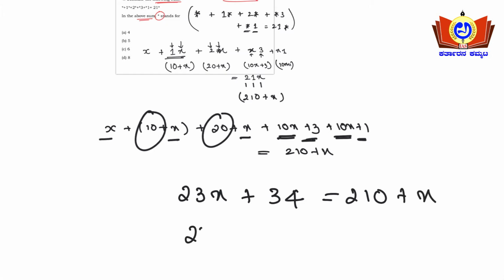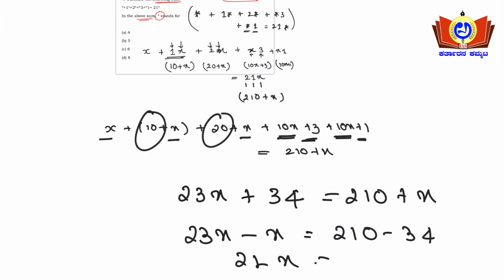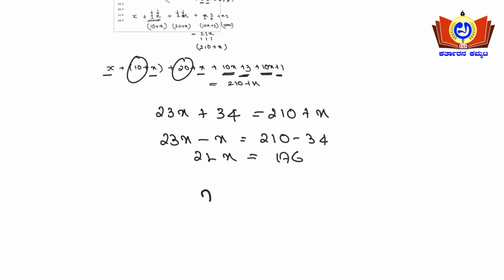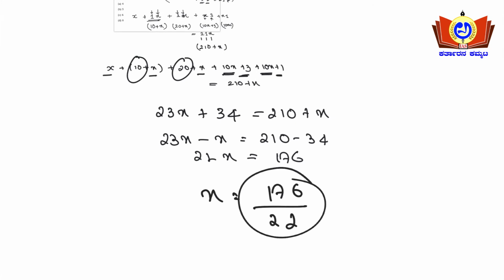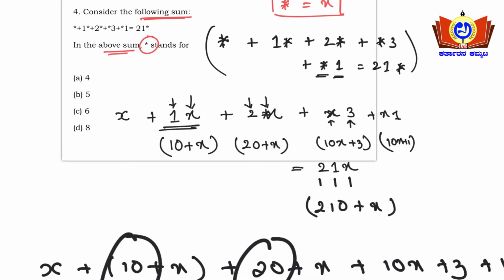Okay, so 23x minus x, that shall be equal to 210 minus 34 here. Okay, so 22x will be equal to 210 minus 34, which is 176 here. Okay, so x will be 176 upon 22, so this will be 8 here. Okay, so option D, 8 is the right answer here. So moving on to the next question.